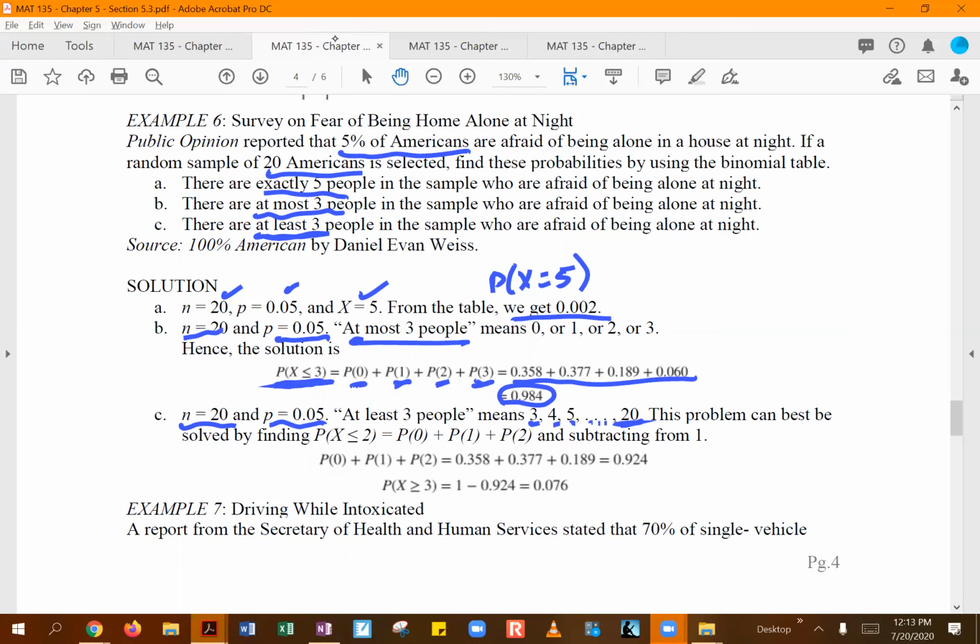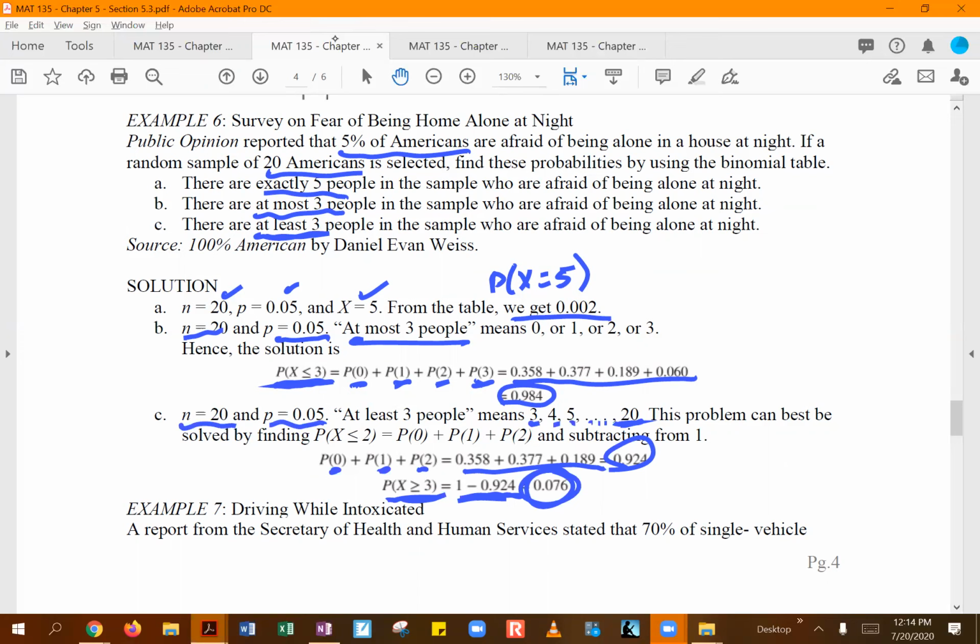That's a lot of individual numbers to calculate. So the easy way to do it is, again, use the complementary event. We know when you're talking about at least 3 people, that means it's 3 or more. So since it's 3 or more, it's actually going to be easier to take the probability of 0, 1, and 2, get that total, and then just subtract it from 1, and you will get your answer of 0.076.